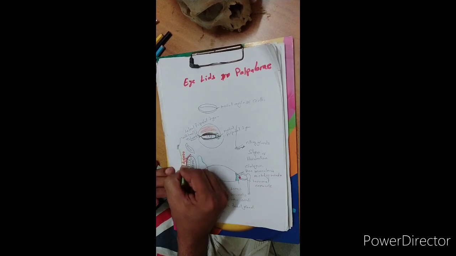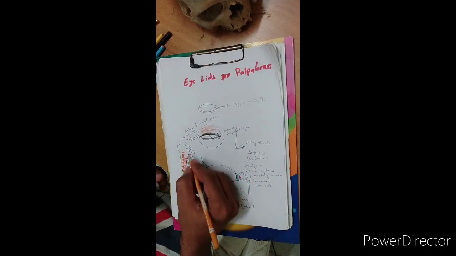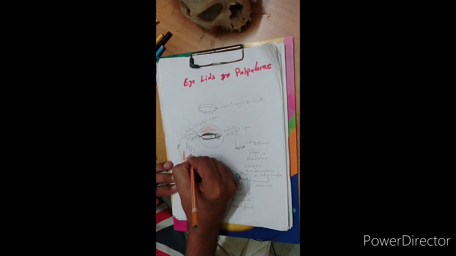They also attach on the upper eyelid. A few fibers also attach to the anterior surface of the upper tarsal plate. Clear? And this is the orbital septum.